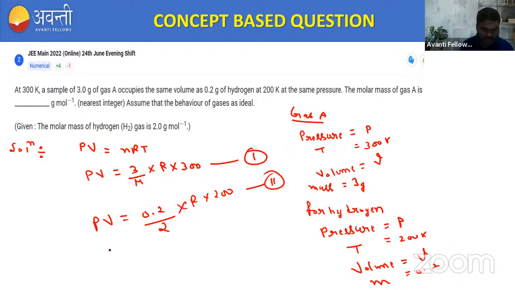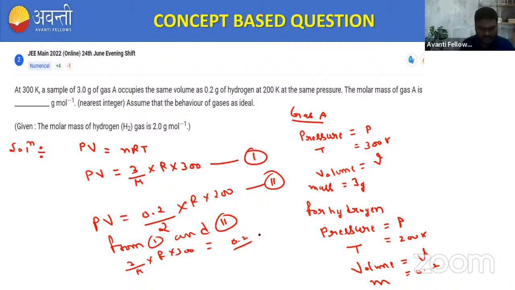So from equations 1 and 2, PV gets cancelled out. So 3 by M into R into 300 is equal to 0.2 upon 2 into R into 200.